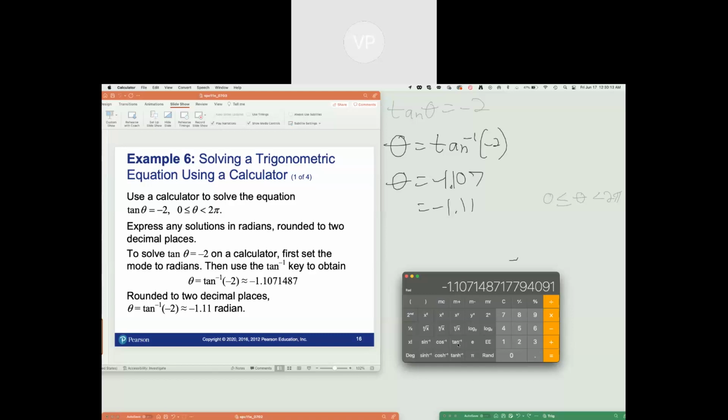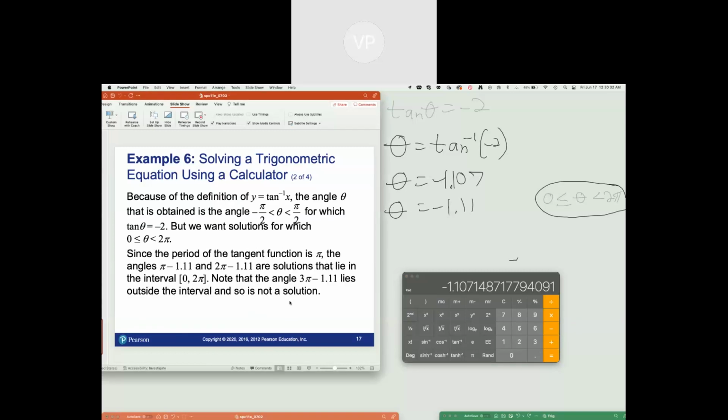Okay? So this is my theta, but remember, you have to be in between. You're out of bounds right now. You have to be greater than 0 and less than 2 pi. So clearly I have a negative number, so I have to fix that.